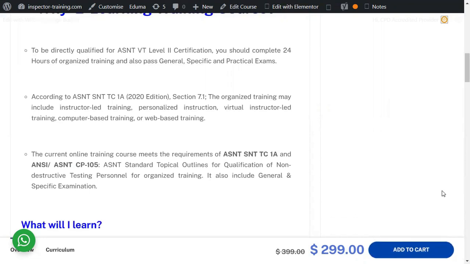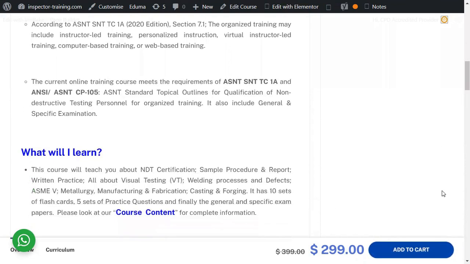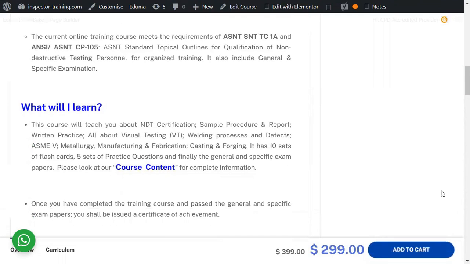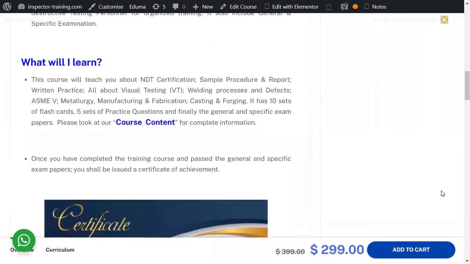The current online training course meets the requirements of ASNT SNT-TC-1A and ANSI/ASNT CP-105 standard topical outlines for qualification of nondestructive testing personnel for organized training. It also includes general and specific examinations.